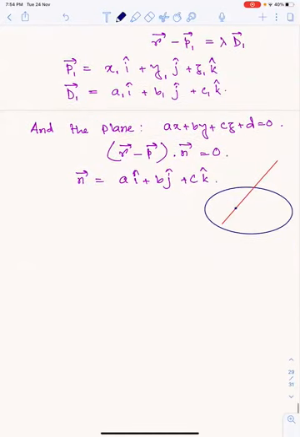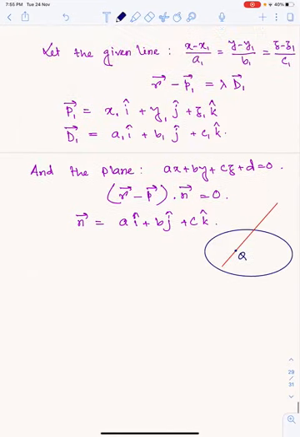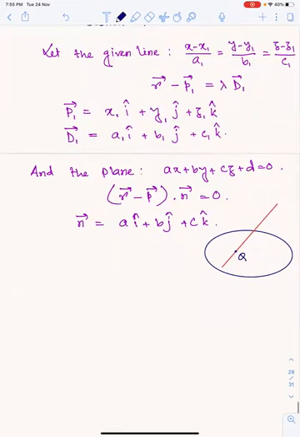So our target is to determine this point. We already have used P, so let us mark that as some Q. So if Q is the common point, it is lying on the line as well as on the plane.